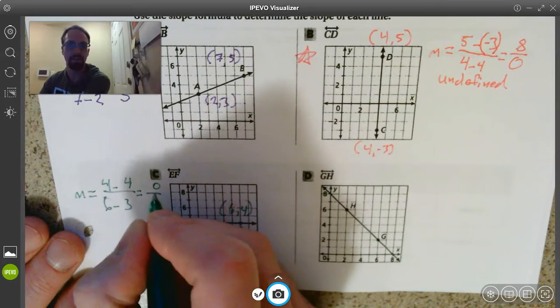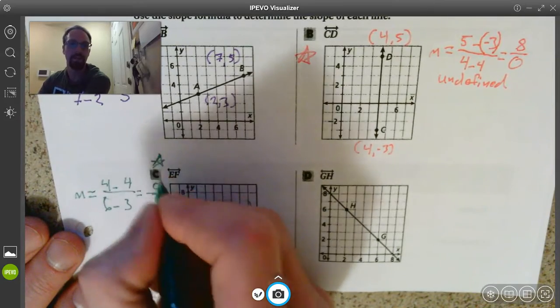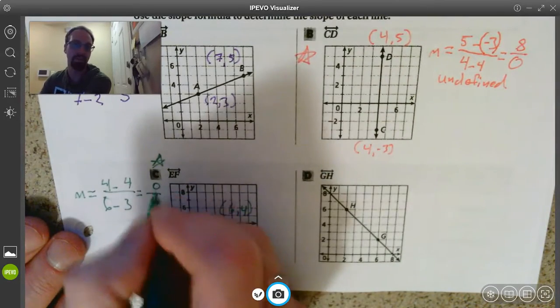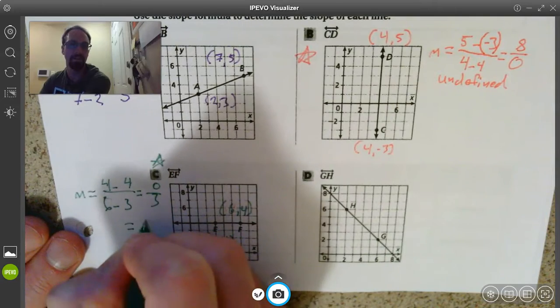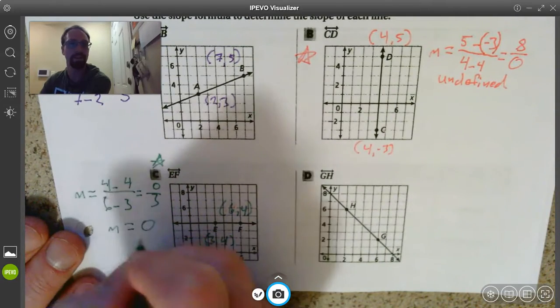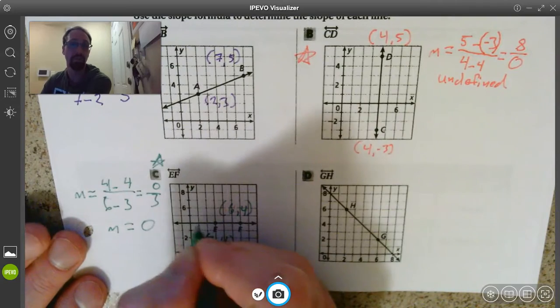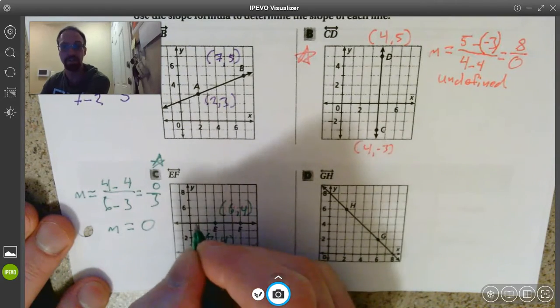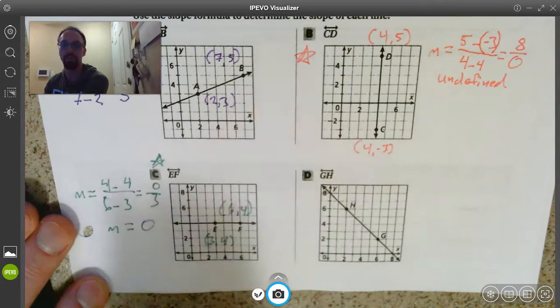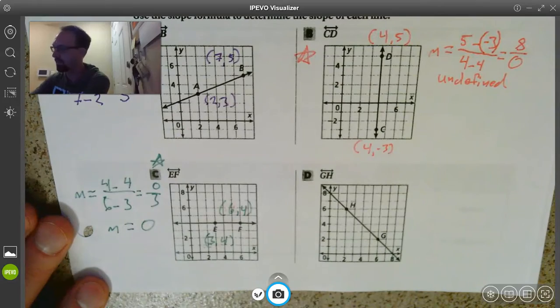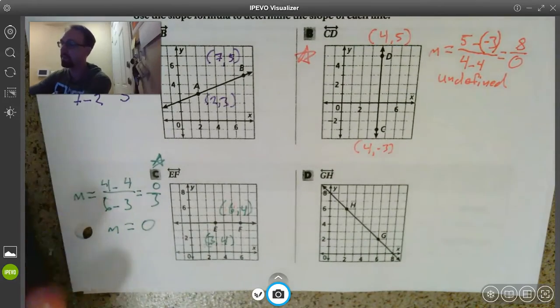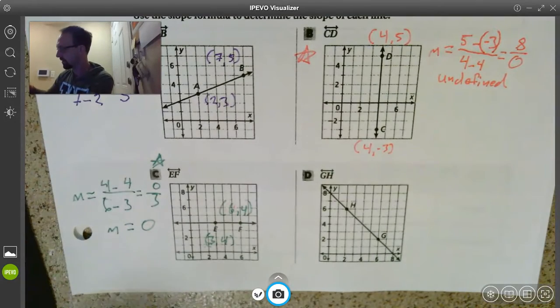And then 6 minus 3 is 3. Now a lot of students will mix B and C up. 0 divided by any number is 0, so the slope for this particular line is 0. Way of thinking about 0 is no change. There's no slope change. This is flat, it's horizontal. So the slope for this one is, in fact, 0.